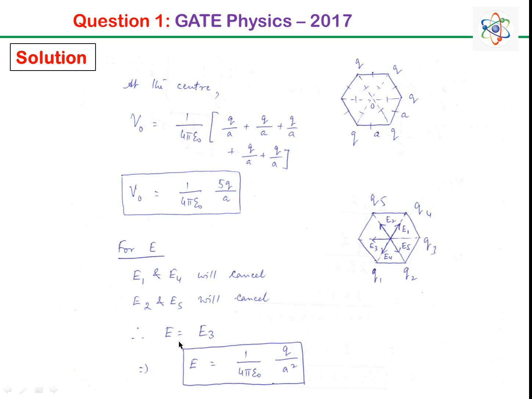The total electric field E at the center will be equal to E3, which we know is given by 1 by 4 pi epsilon naught times the charge divided by the distance, which is A, and we have to square that. So the total electric field E will be 1 by 4 pi epsilon naught times Q divided by A square.